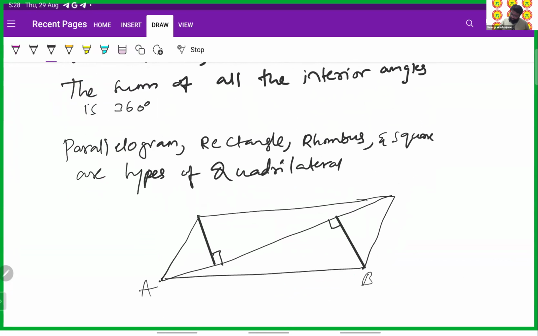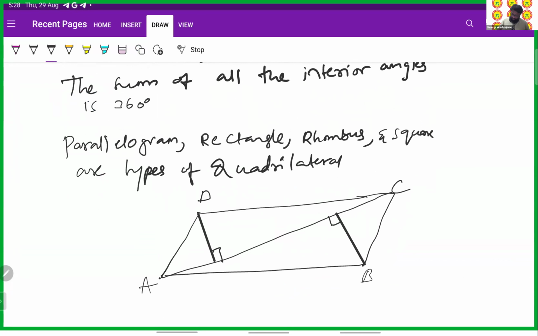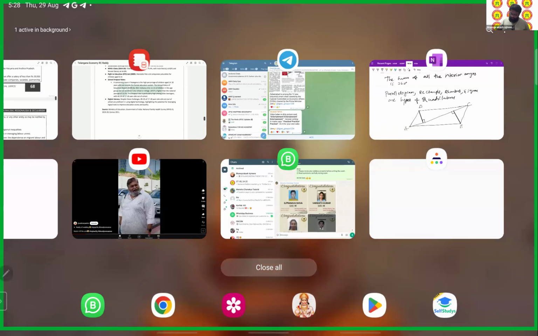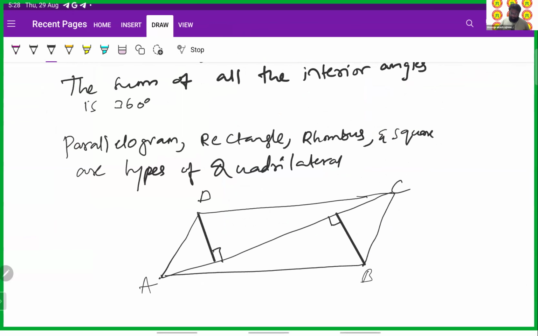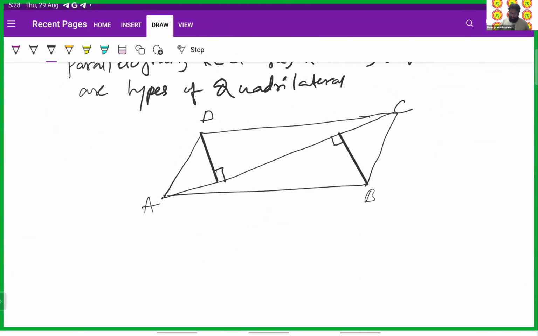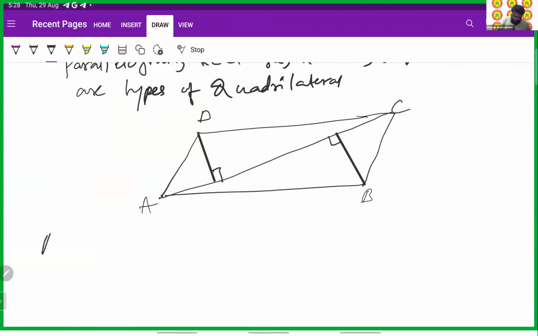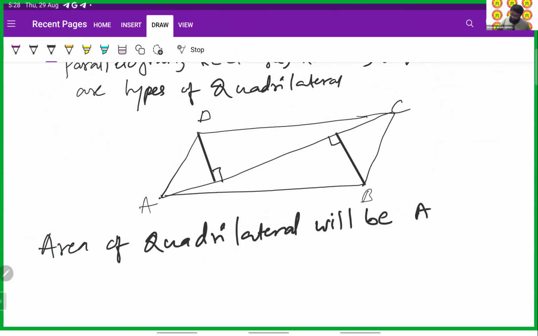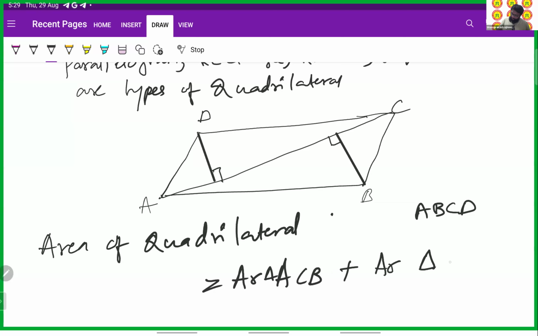And let the quadrilateral be A, B, C, D. So if you see this here, area of quadrilateral ABCD is equal to area of triangle ACB plus area of triangle ADC.